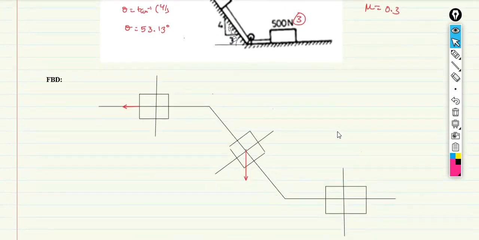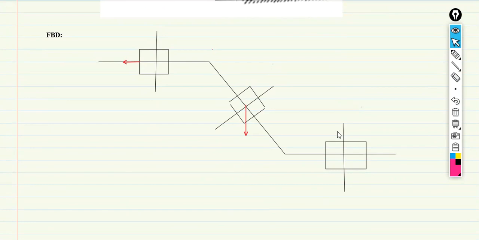Coming to the free body diagram. We have the free body diagram like this. First, block number 1. Weight always acts vertically downwards, and the applied force is P. Assume motion in this direction, towards P, and the frictional force is opposite to it.